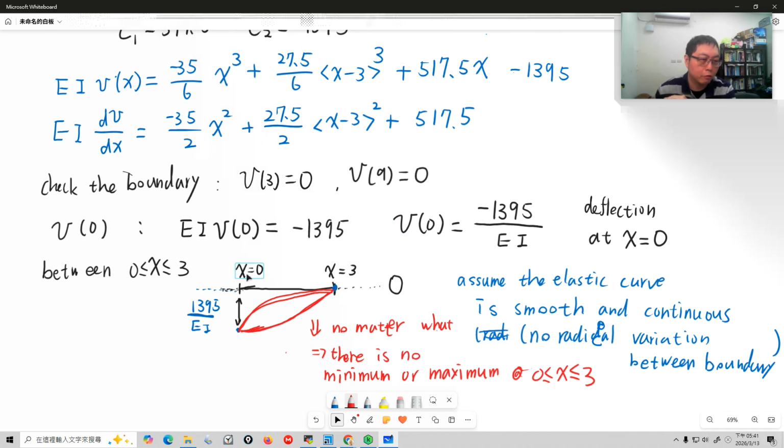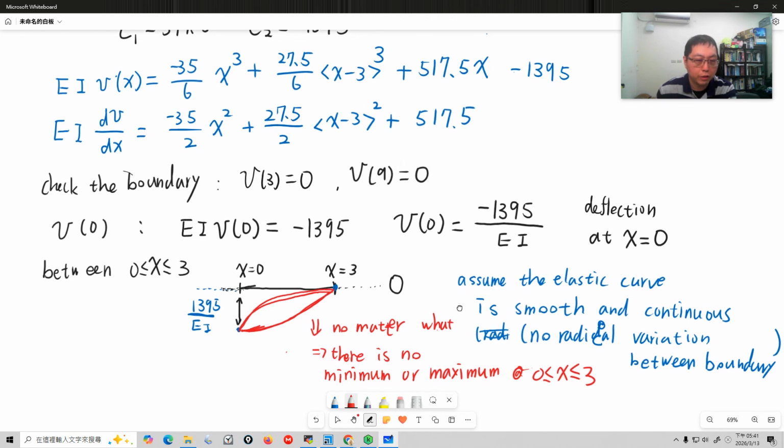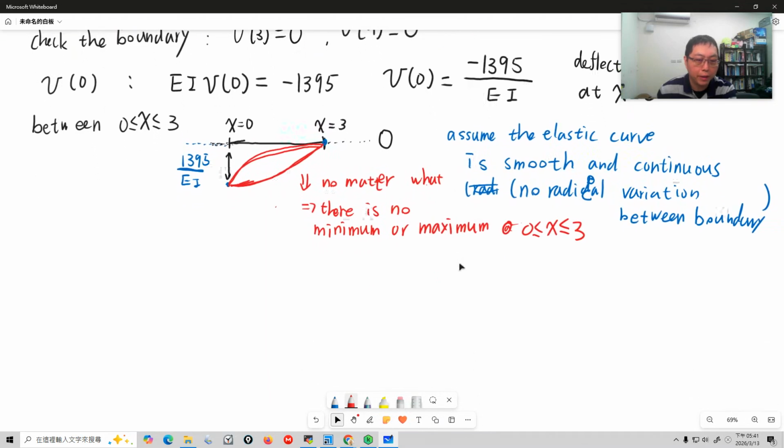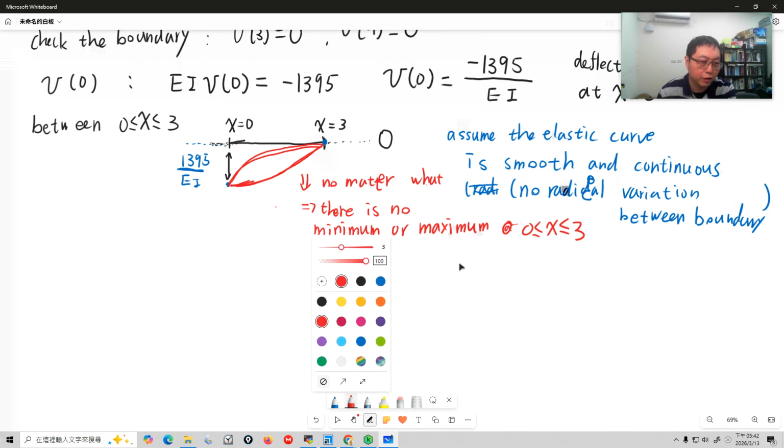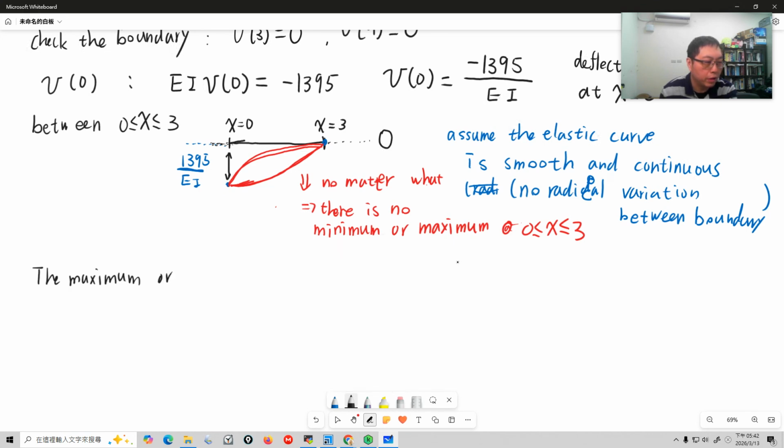Since x equal to 0 is negative and x equal to 3 is 0, whatever the situation, there is no maximum or minimum in this range. So from this logic, the maximum or minimum must be in x between 3 and 9.